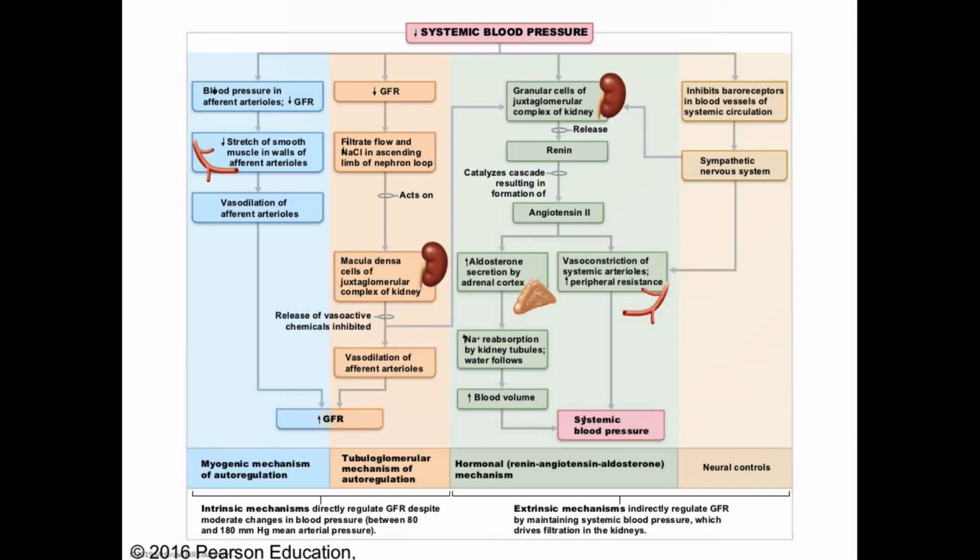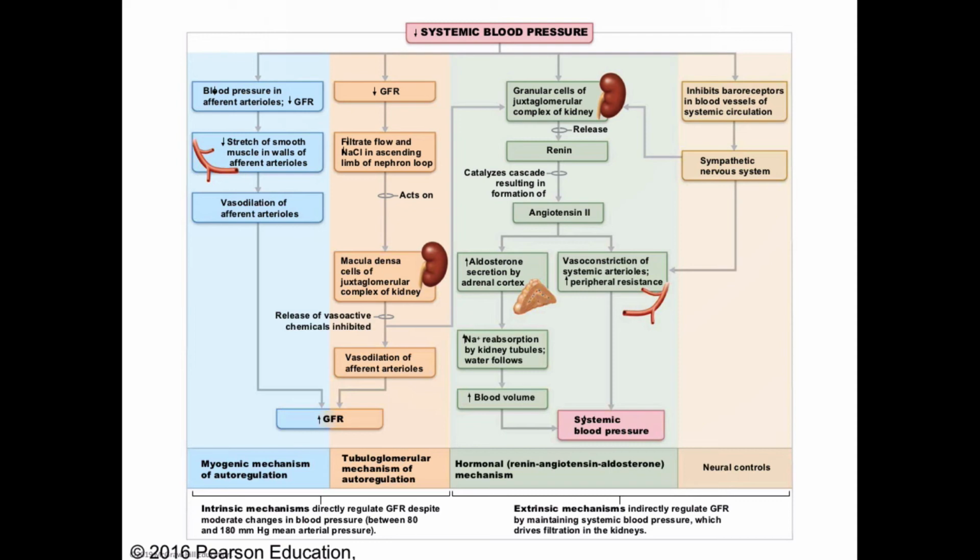The following three could be a drop in systemic blood pressure, a decrease in sodium ion concentration, or a decrease in blood volume. Any of these three would cause the juxtaglomerular cells of the kidney to secrete renin. I say again, the juxtaglomerular cells of the kidney would secrete renin.